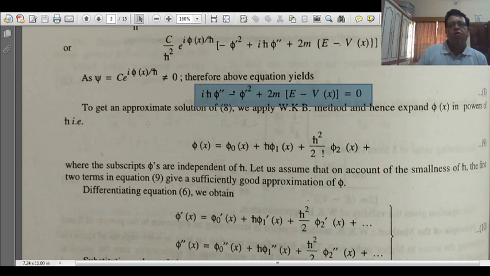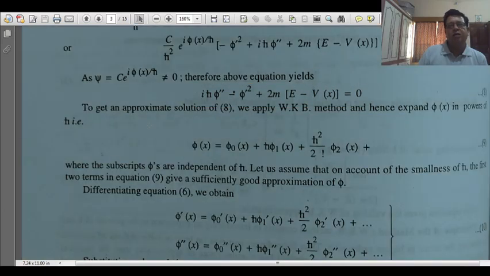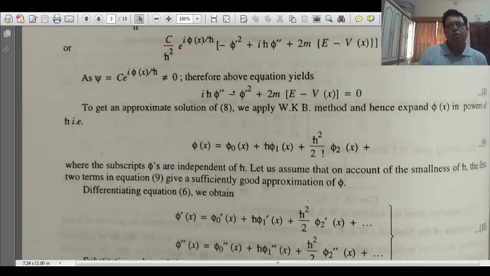Now the WKB method comes into the role. We need to solve for an approximate solution, and here we apply the WKB method. For this, expand phi(x) in powers of h cut.